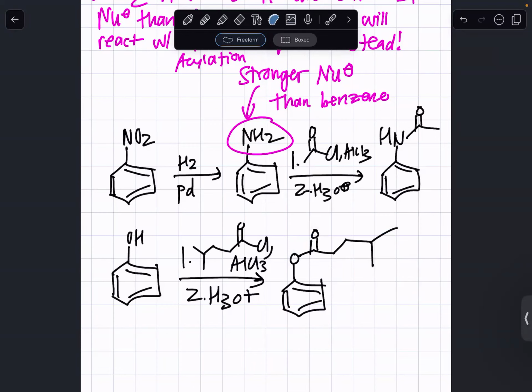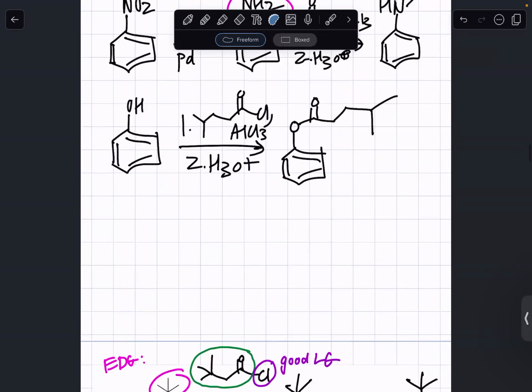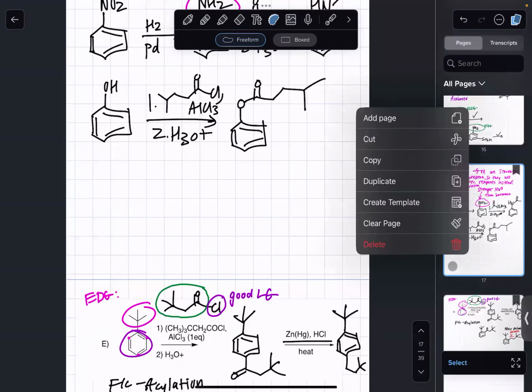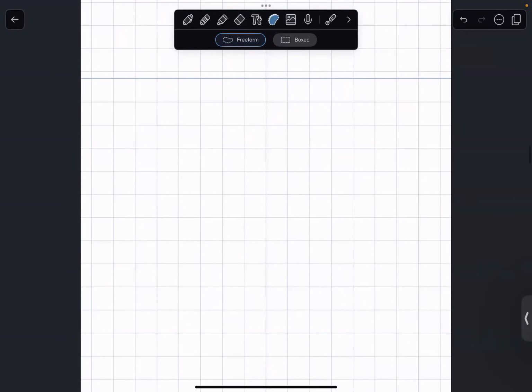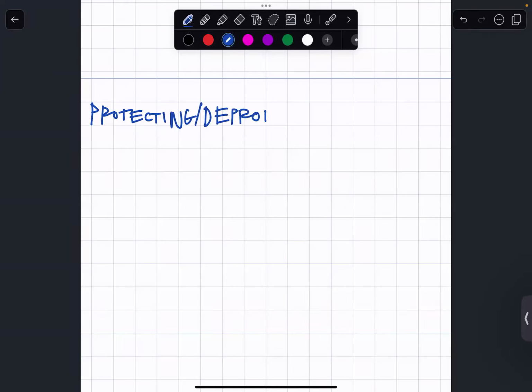Okay. So now let's say that you do want to create an acylated benzene ring with an OH or NH2 on it. So this is going to go onto protecting and deprotecting the OH or NH2 group, right?